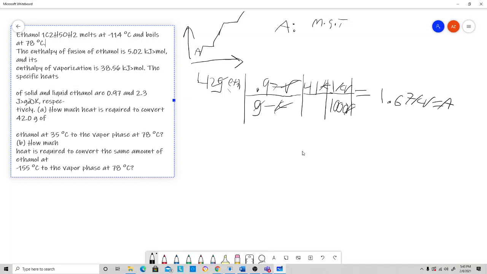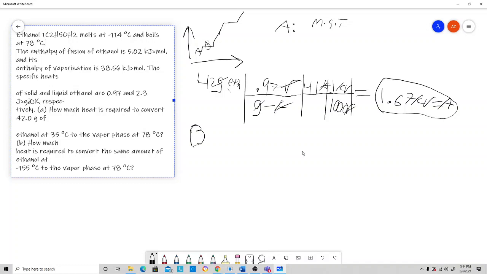Okay, let's box this. Okay, so now part B. Part B, we start off right here. This place is where all of the ethanol would be converted into liquid. So that's why it's stagnant.